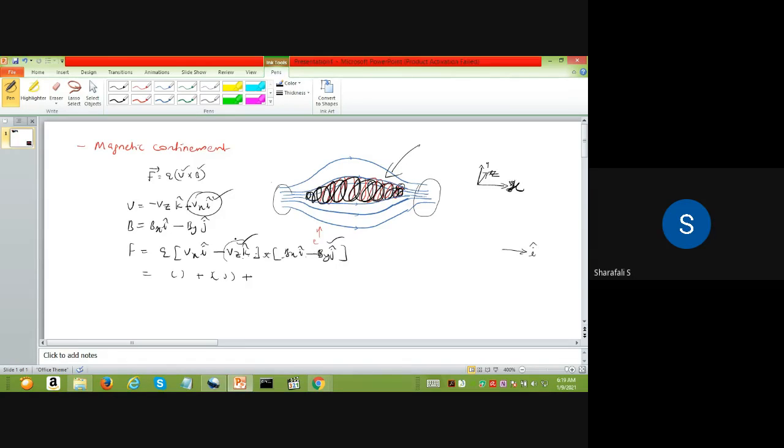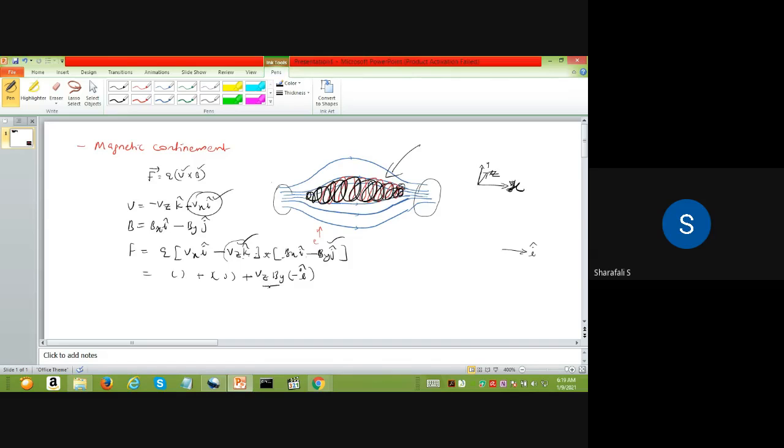If you take these two products, minus Vz into minus will come plus Vz Vy, then k cross j gives me minus i.